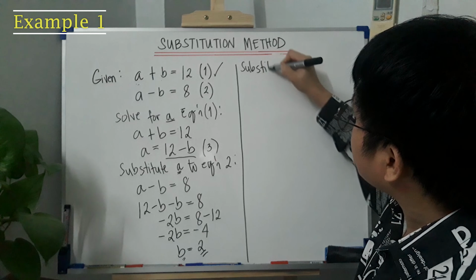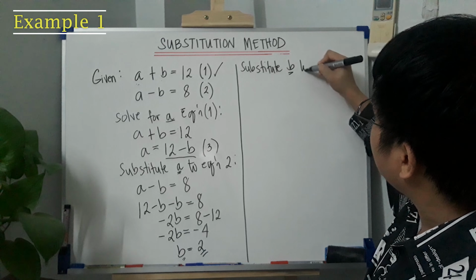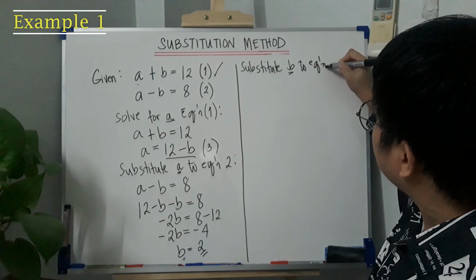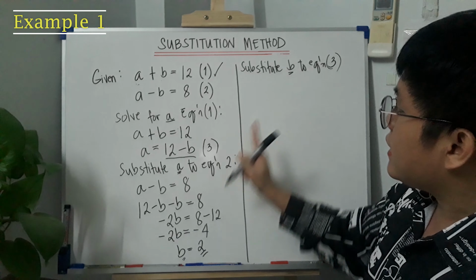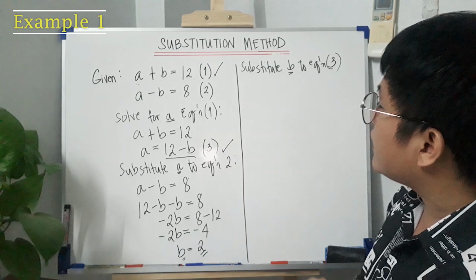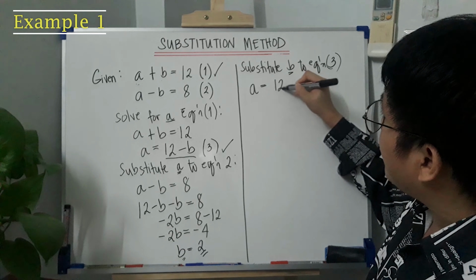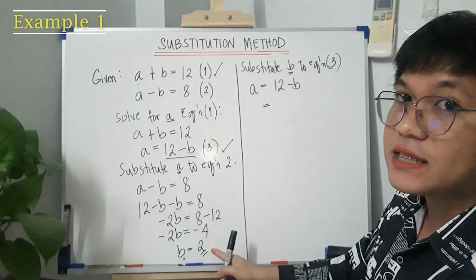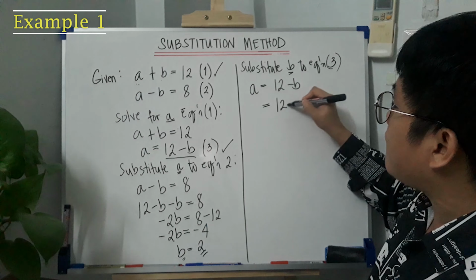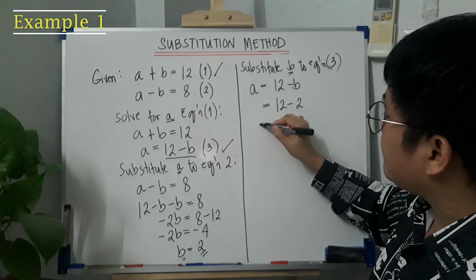Substitute B to equation number 3. Okay, what is our equation number 3? This is our equation number 3. So using this one, A equals 12 minus B, and then substitute B, which is positive 2, that is 12 minus 2. That means our A is positive 10.